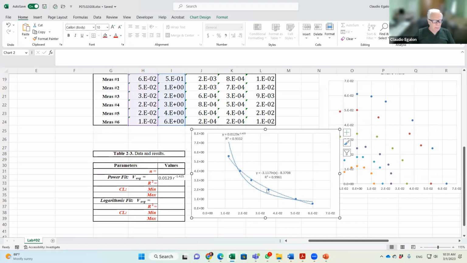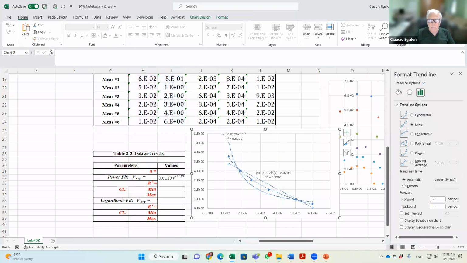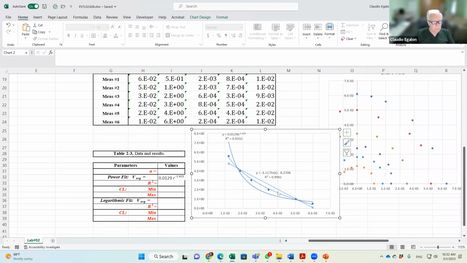So Excel makes available to you six different trend lines. Of course, there is an almost infinite number of functions out there, but they make only six available.